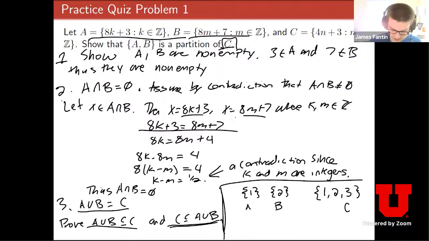We're trying to partition this space. We certainly need to show that there's not some extra element in C that we missed with our partition. We need to show that every element of C is in A or B. So we certainly need to show that case, right? Otherwise, the A union B is not a partition of C.